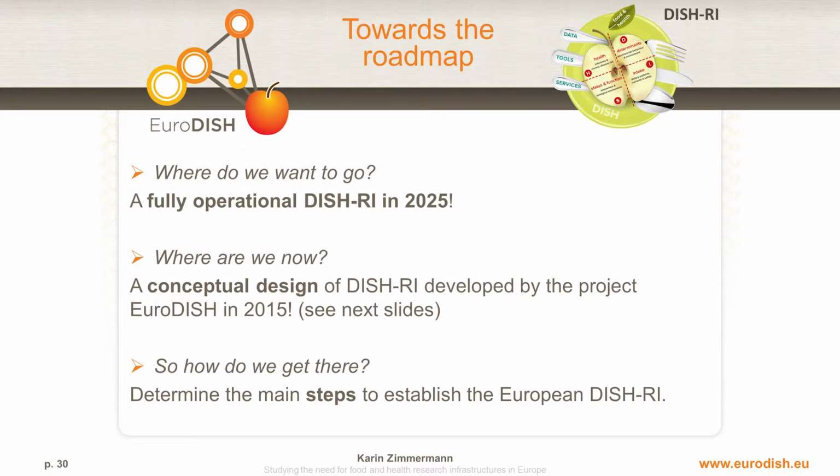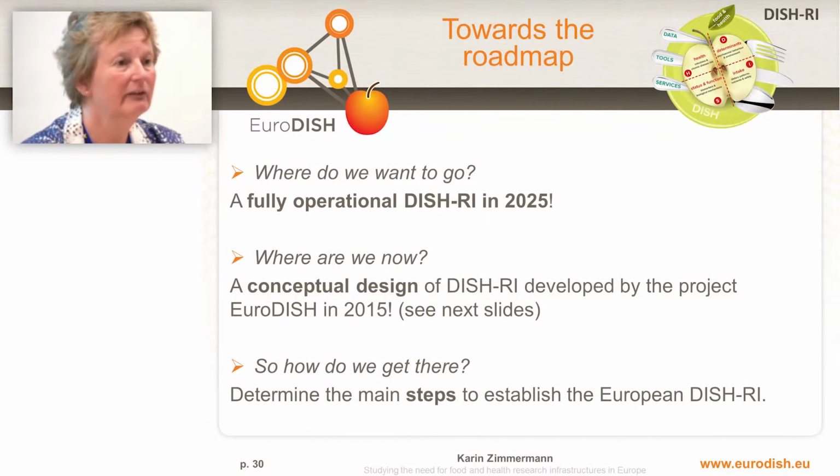A fully operational DISH RI in 2025. As Gabriela already introduced with the S3 roadmap and all the steps within launching new research infrastructure, that should be linked to a specific time period, mostly in a framework of 10 years.